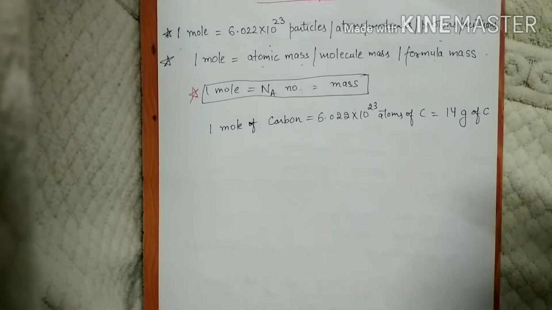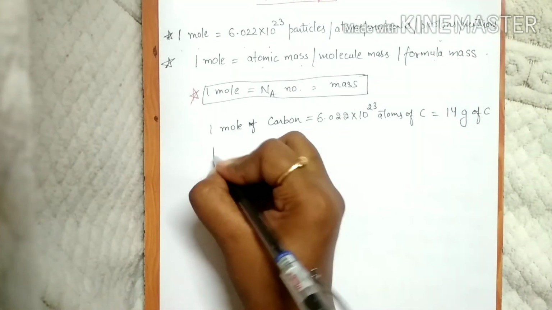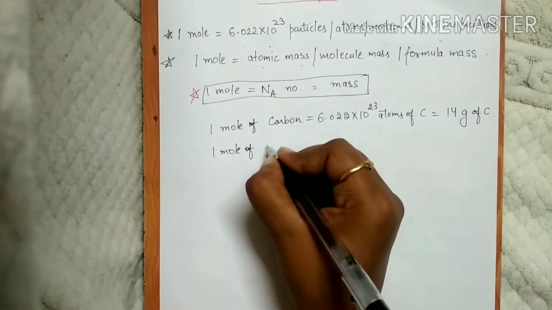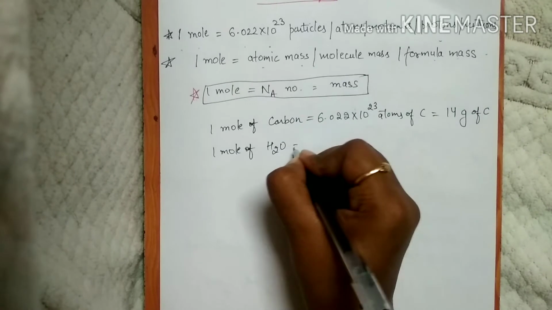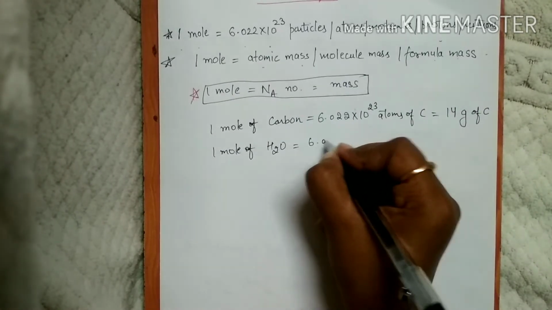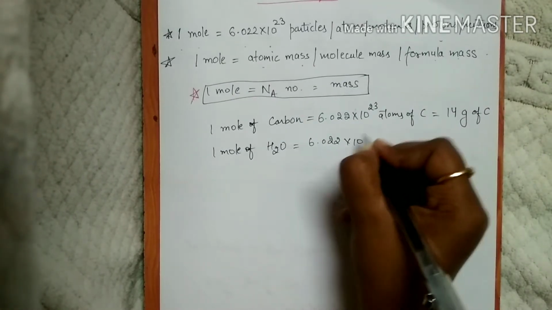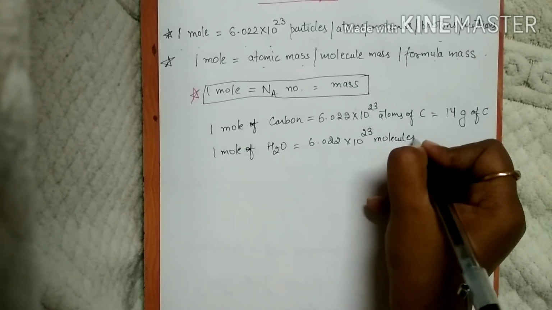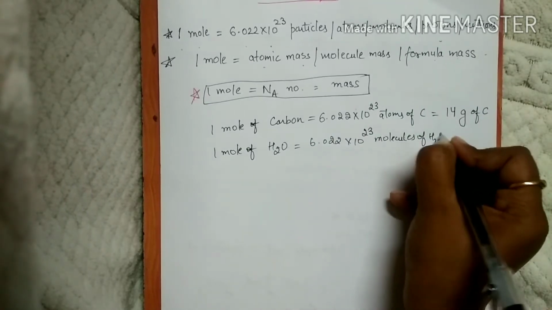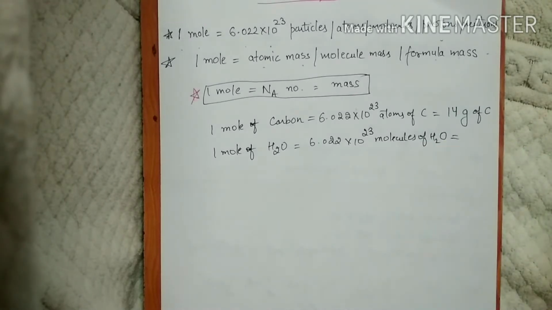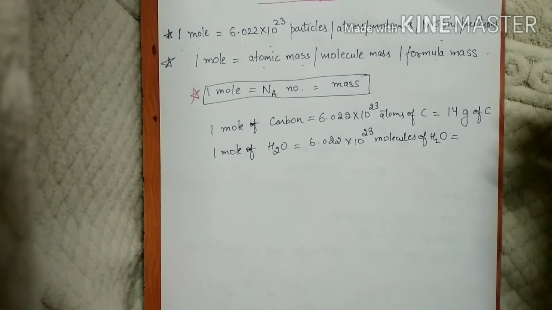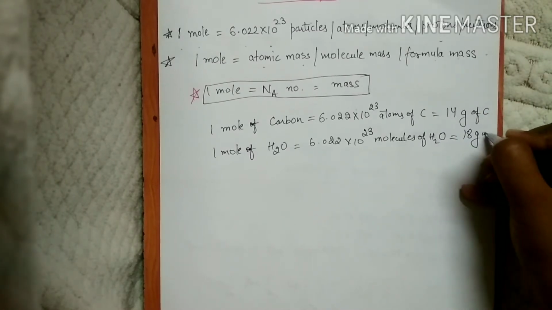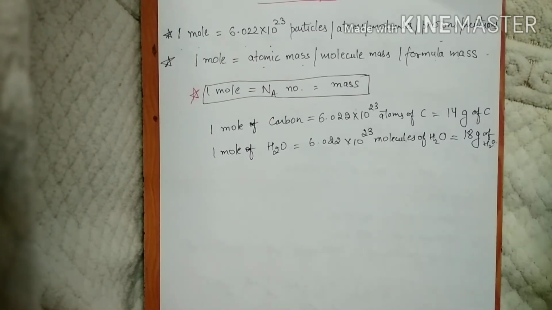Okay, suppose I'm talking about 1 mole of water, then it will always be equal to 6.022 into 10 raised to power 23 molecules of water, and that will be equal to the molecular mass of water. Molecular mass comes out to be 16 plus 2, 18 gram of water.